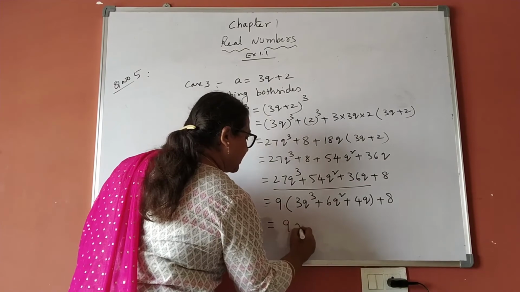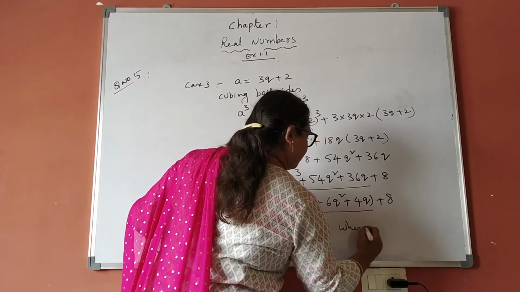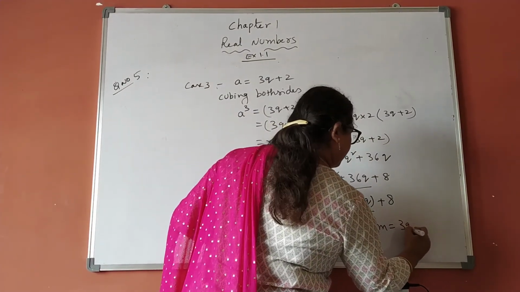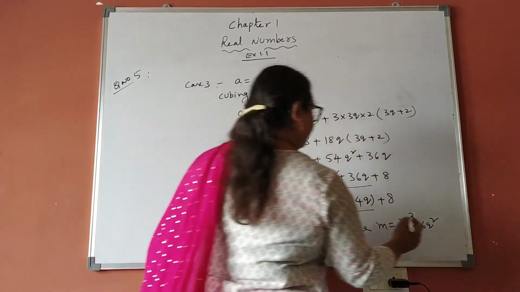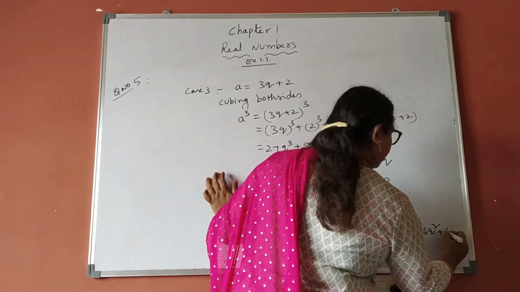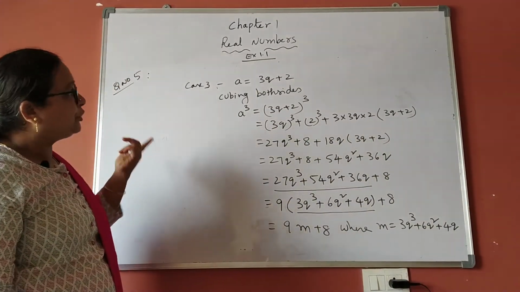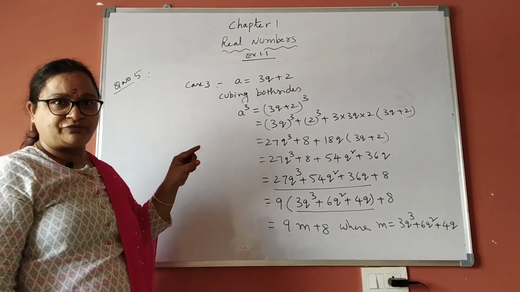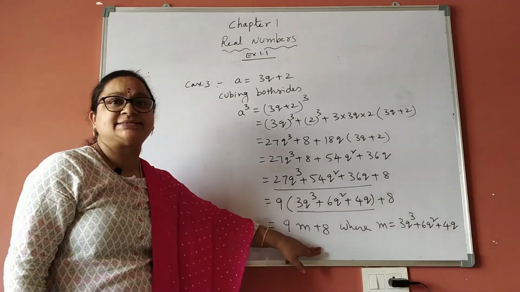This is equal to 9m plus 8, where m is equal to 3q cube plus 6q square plus 4q. That we showed the cube of any positive integer will be in the form of 9m, 9m plus 1 or 9m plus 8.